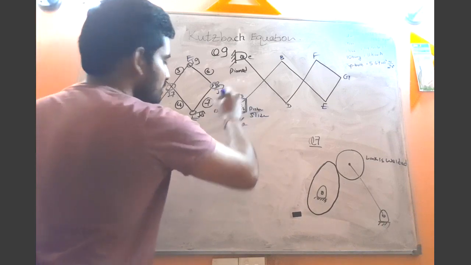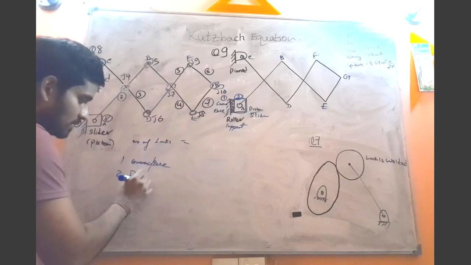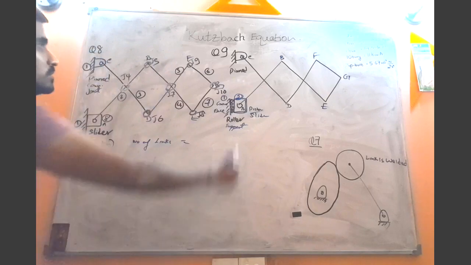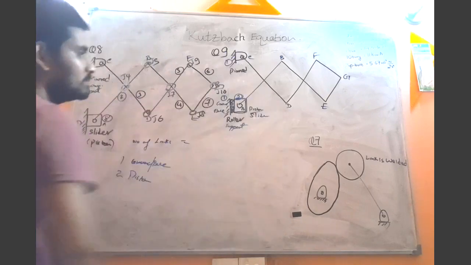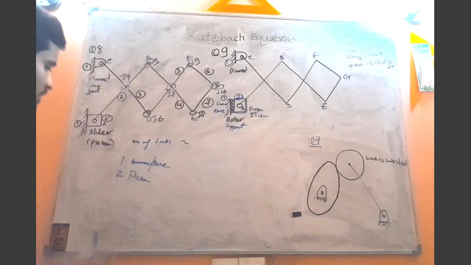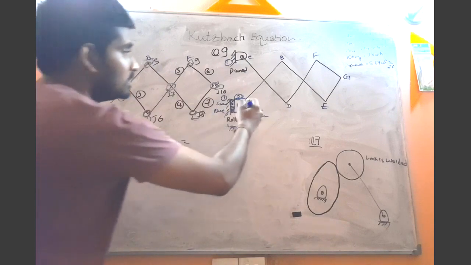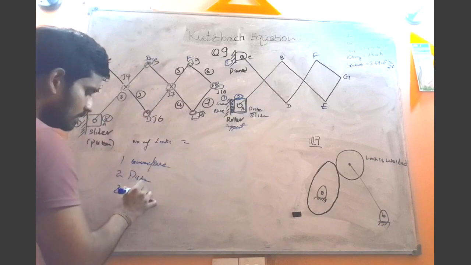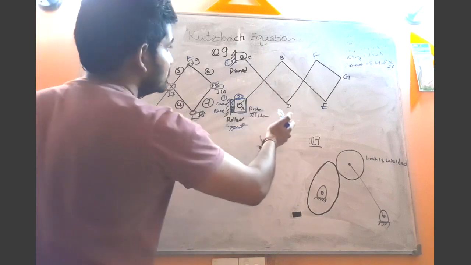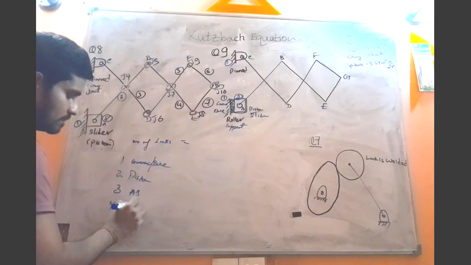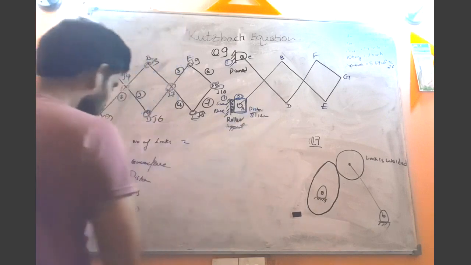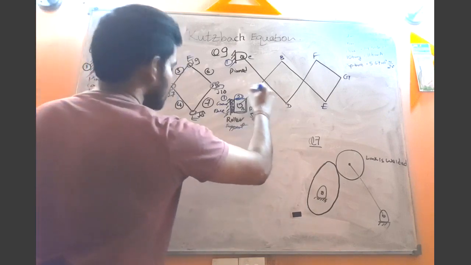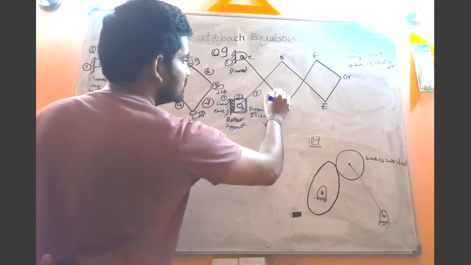So this is the second member, the piston. Third member is the link AB. Fourth member is the link CD.